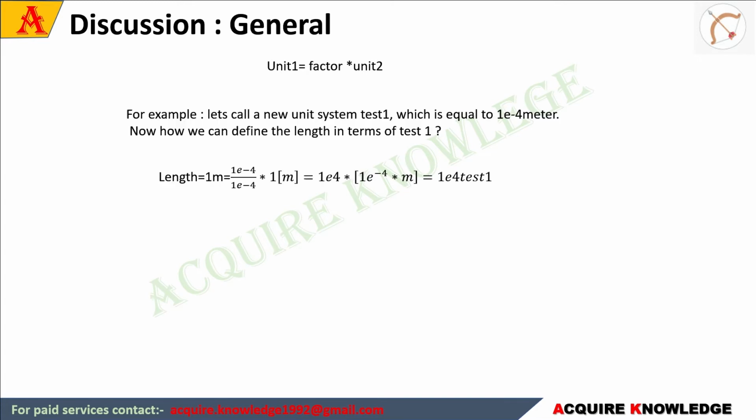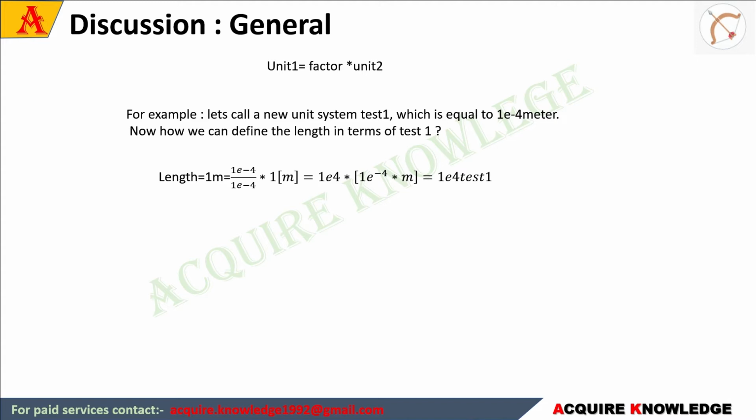Let's take a generic example. Suppose I want to convert the length 1 meter into a user-defined unit system, test 1. The first thing that we need is how those two units are related to each other. For example, we can say unit 1 is equal to factor times unit 2. Now let's define the factor as 1e-4. So we can say that 1 test 1 is equal to 1e-4 meter.